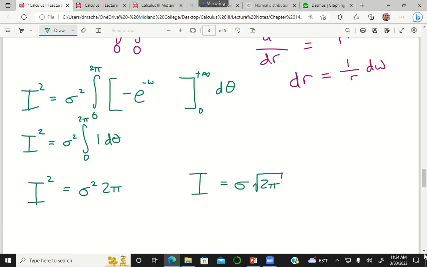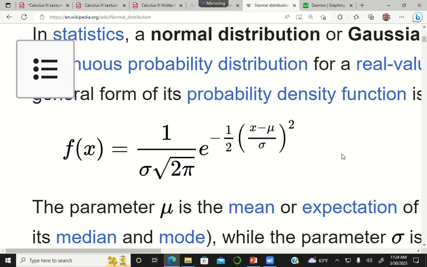So for those of you that are coming in late, that's how we ended up with this 1 over sigma square root 2 pi constant in front of our normal distribution probability density function, because we wanted the integral from negative infinity to positive infinity to be the number 1. But of course, if I only paid attention to this exponential function, we didn't get the number 1. We got the number sigma square root 2 pi. And so in order to get the number 1, we just have to multiply by the reciprocal, and then we get it exactly how we want it.